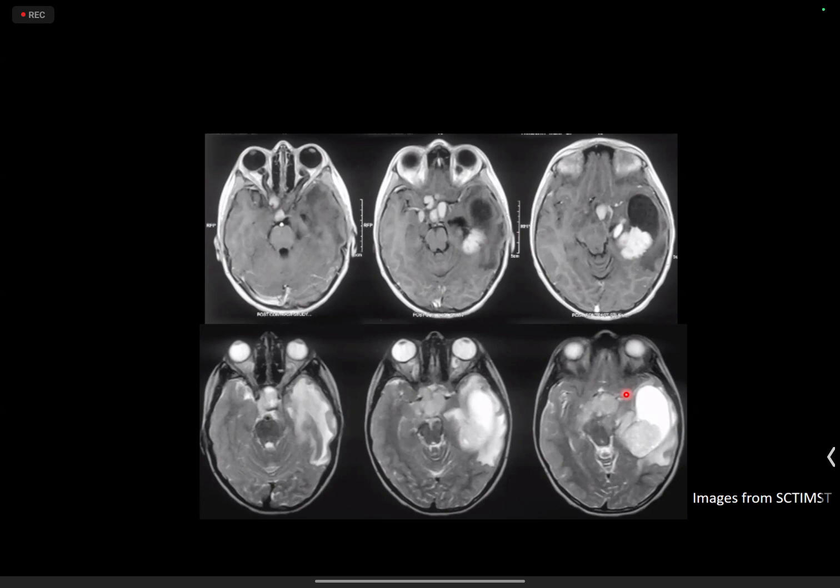A similar morphology lesion is seen in the sellar and suprasellar region as well, and there is significant T2 hyperintensity in the left temporal cortical and subcortical region, likely edema. The optic nerves appear to be tortuous. Bilateral optic nerves appear to be tortuous.